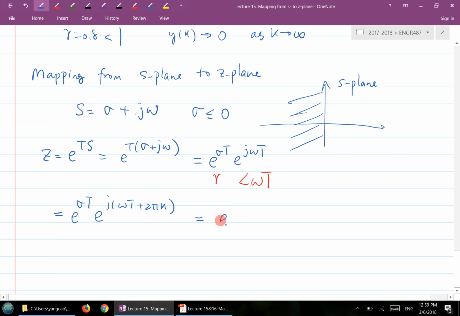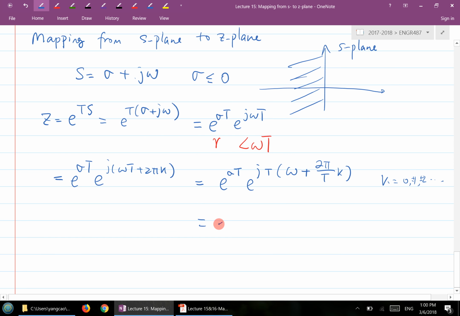Then one more simple manipulation. Take this capital T out, so we get omega plus 2 pi over T times k. k is any integer, so k equal to 0, 1, 2, like this, and it can actually be negative numbers too.